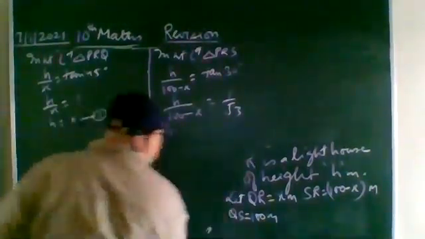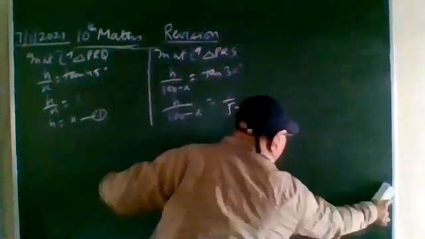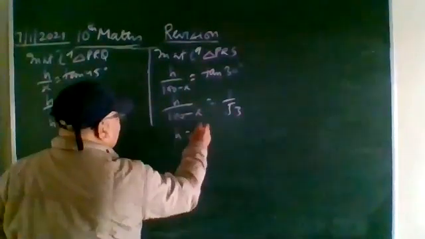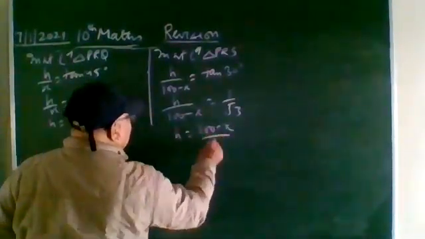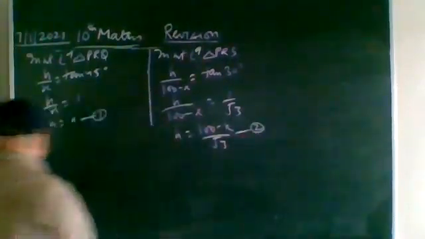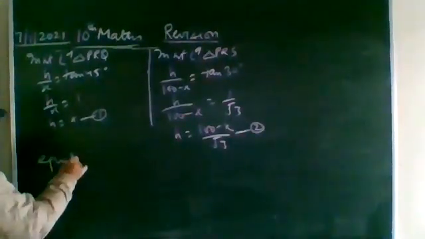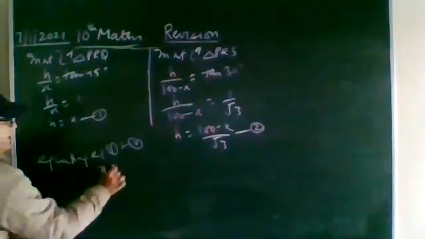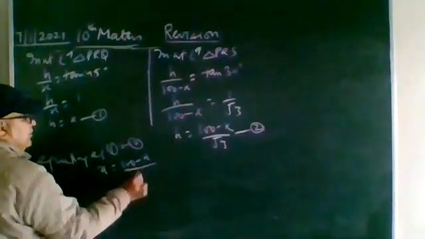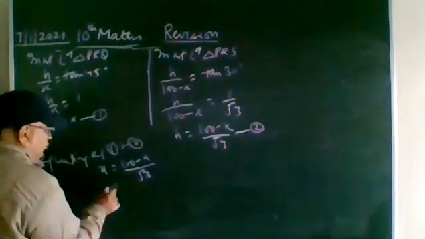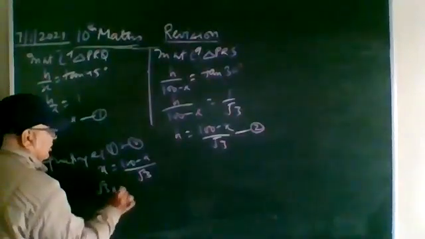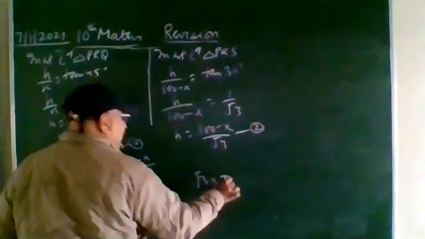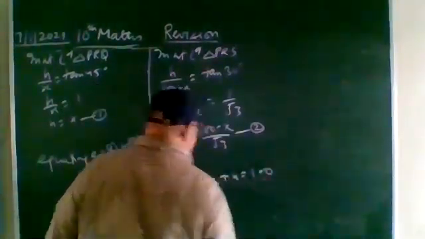Now what you will do, H equal to 100 minus X upon root 3. Second, equating equation 1 and 2, you will say X equal to 100 minus X upon root 3. So root 3 X equal to 100 minus X, root 3 X plus X equal to 100.